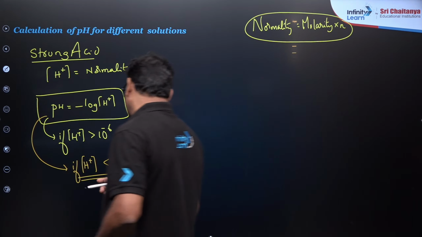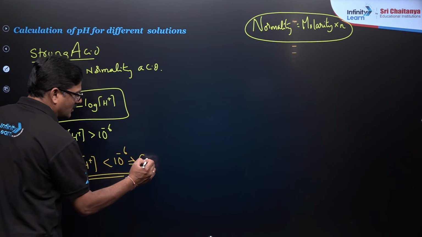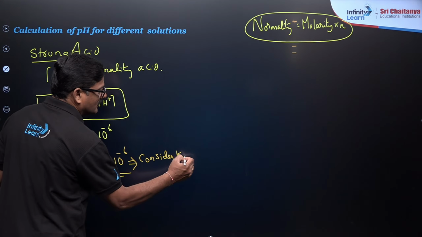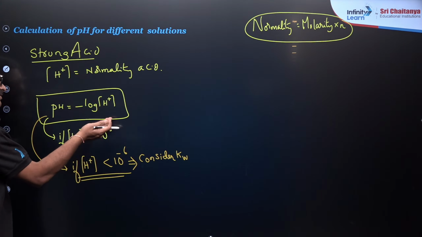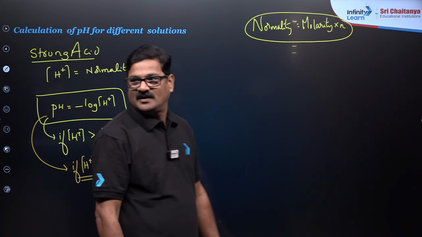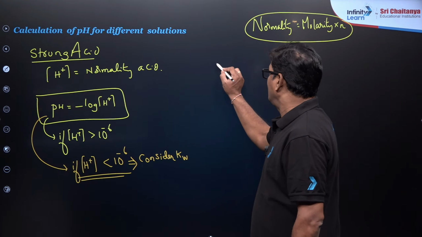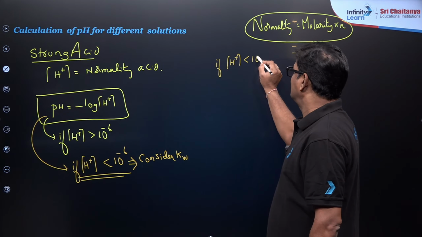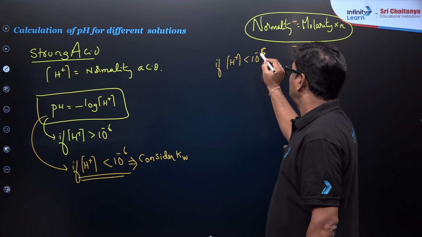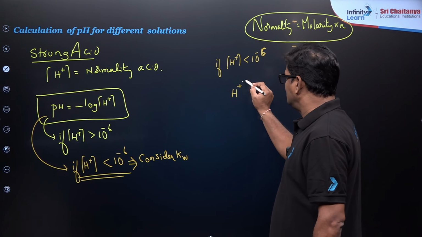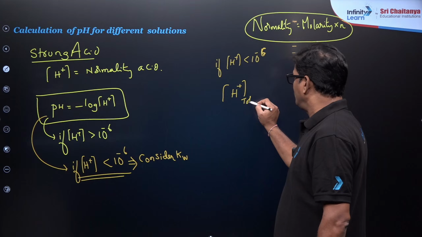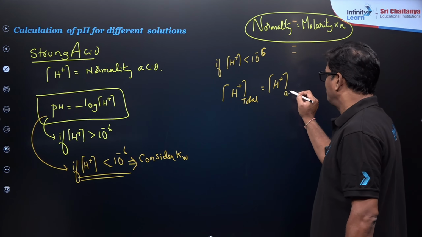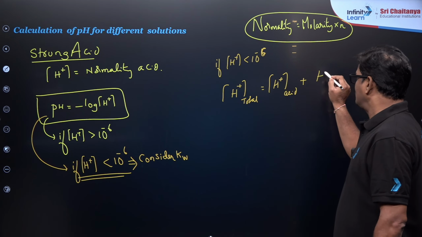So if that is the case, consider Kw. If you consider Kw, it doesn't make much difference. So if the H plus ion concentration is less than 10 power minus 6, then the total H plus present in the solution is going to be H plus of the acid plus H plus of the water.